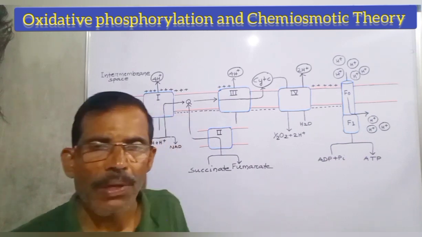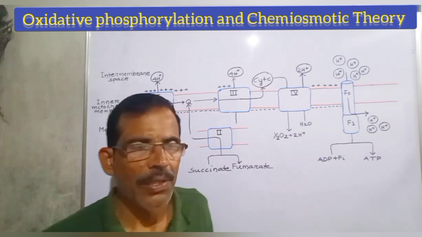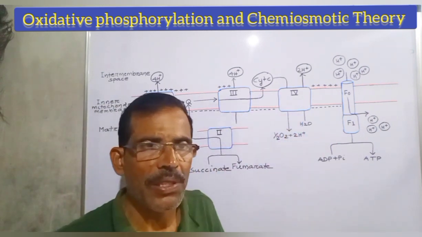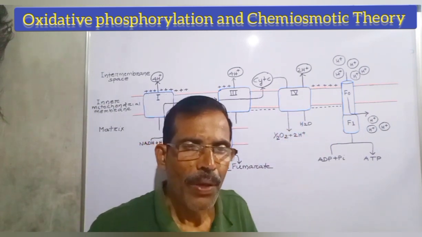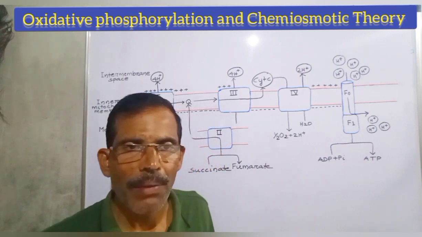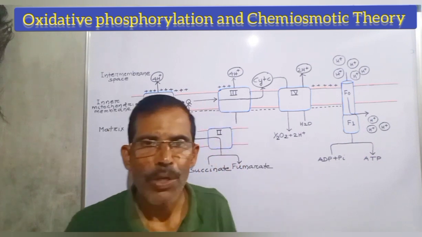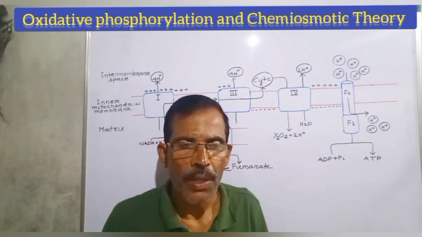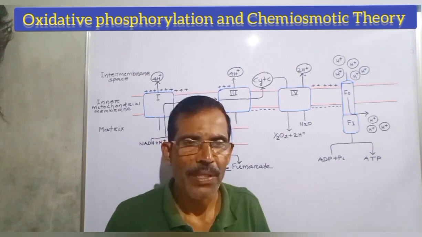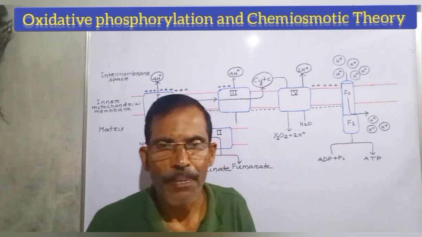Unlike substrate level phosphorylation, in oxidative phosphorylation the energy of oxidation drives the synthesis of ATP. One of the widely accepted theories that explains the mechanism of oxidative phosphorylation is chemiosmotic theory. This theory was proposed by British biochemist Peter Dennis Mitchell in 1961.